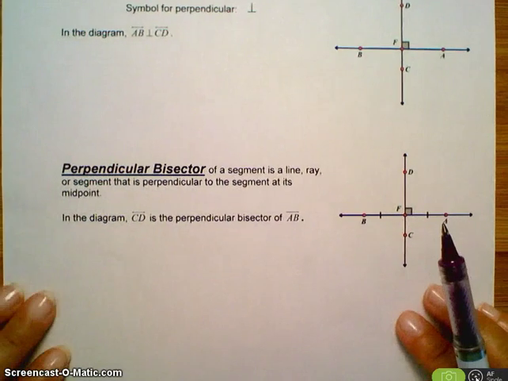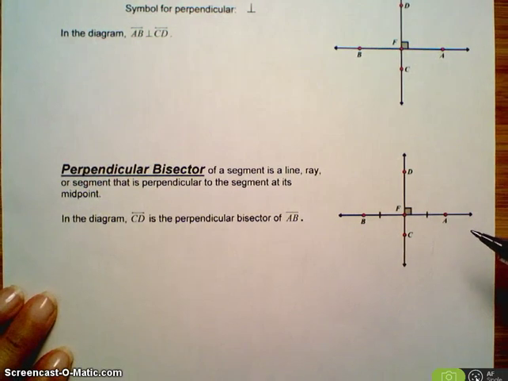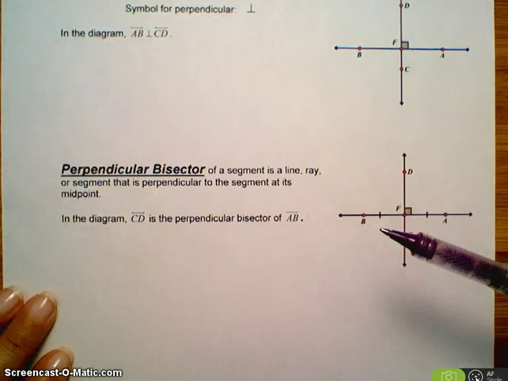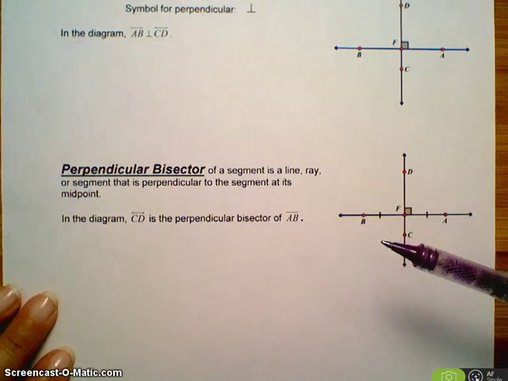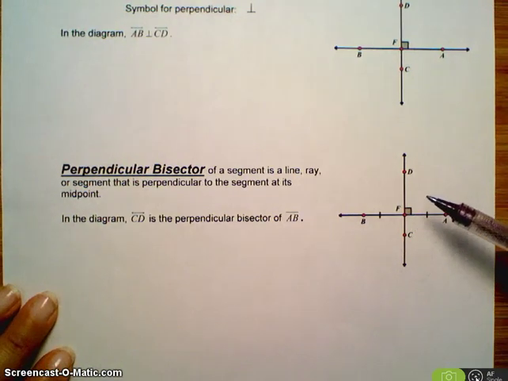The second definition on this page is for a perpendicular bisector of a segment. A perpendicular bisector of a segment could be a line, a ray, a segment, or actually even a plane that's perpendicular to a segment at its midpoint.